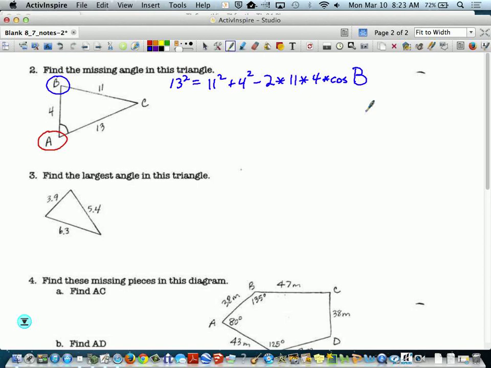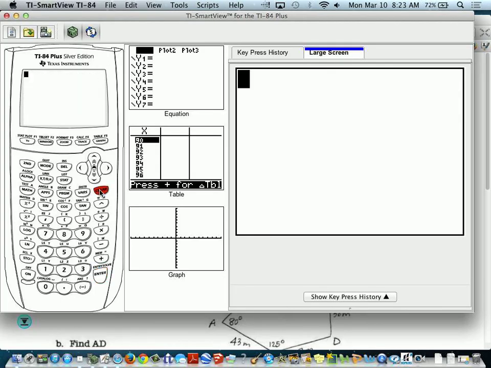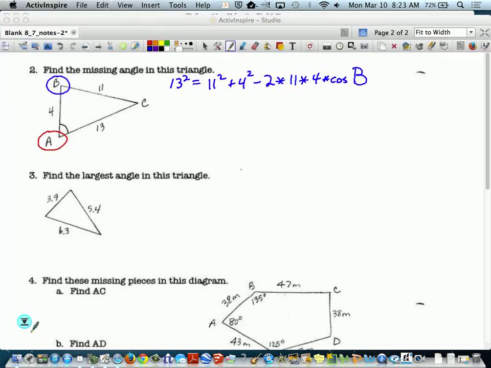So, my 13 squared, I have to bring the 11 and the 4 to the left. So you have to go minus 11 squared minus 4 squared. Hit enter. Now you have the negative 2, the 11, and the 4 that you have to divide by.